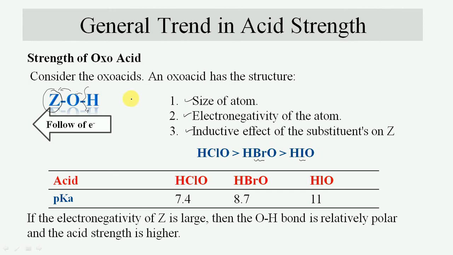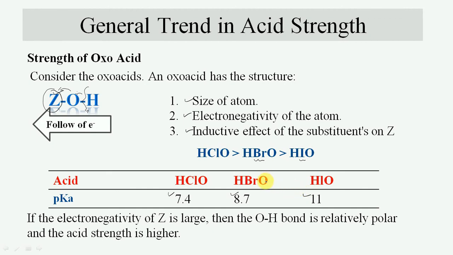So the higher the electronegativity of the Z atom, the more the electron is drawn away from the H atom, and the more readily it can lose the proton. So let us consider: in the first case, the pKa value is 7.4. In the second case, the pKa value is 8.7, and in the last case it is 11.